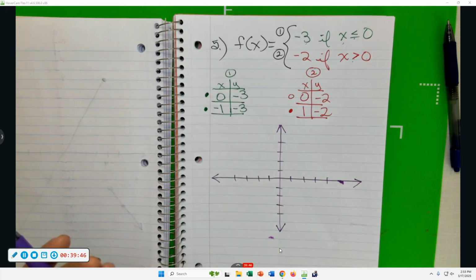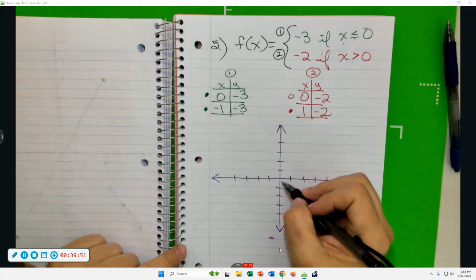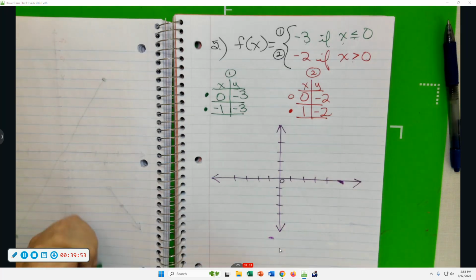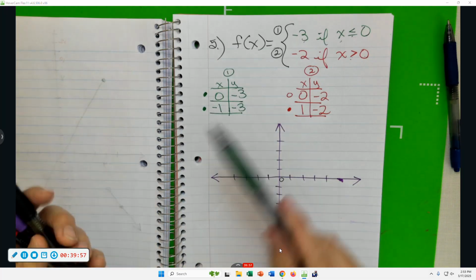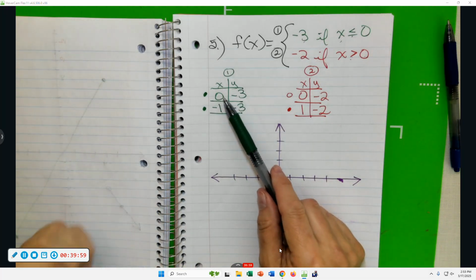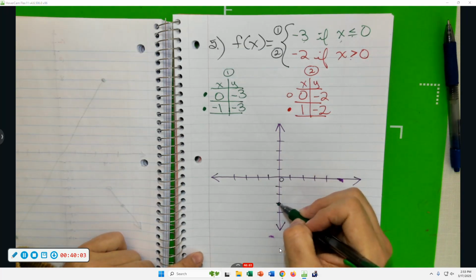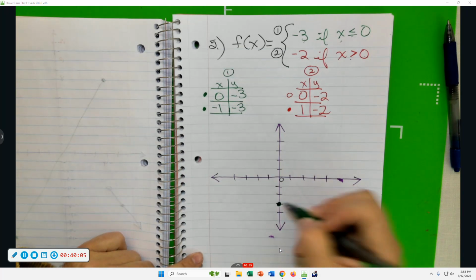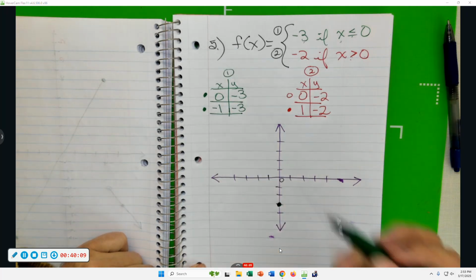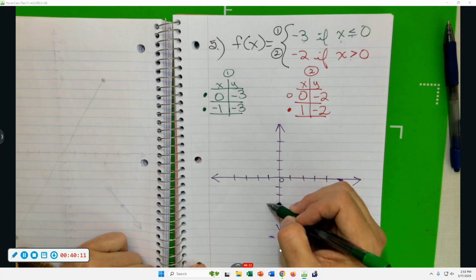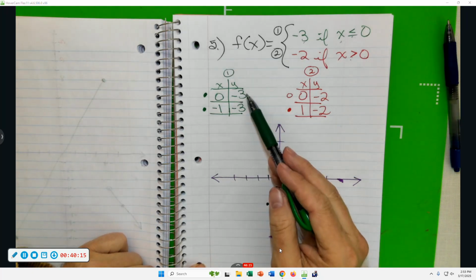and clearly label 0 on the x-axis. Well, 0 is there at the point of intersection. There's 0. To the left of 0, we have, well, 0, negative 3. So we're at 0, go down 3, it's a closed dot. Then negative 1, negative 3, go left 1, down 3.